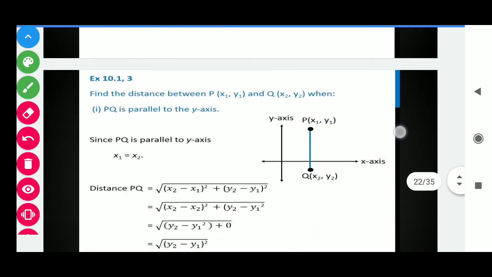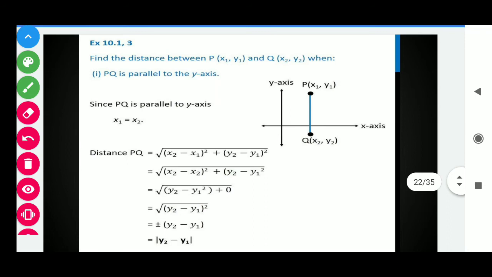Now students, here we have the next question, question number 3. Find the distance between P and Q when line PQ is parallel to the y-axis. Students, if we have a line that is parallel to the y-axis, then in the coordinates (x1, y1) and (x2, y2) the abscissa must be the same throughout the line.